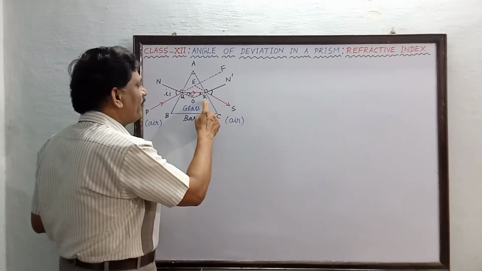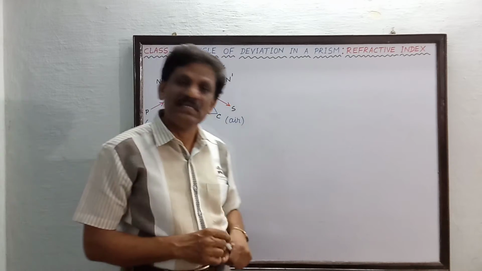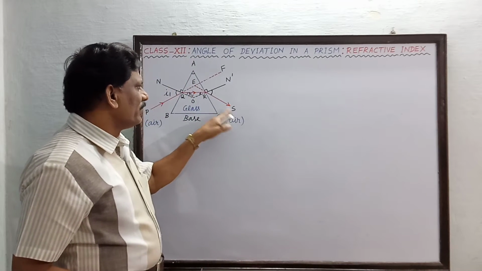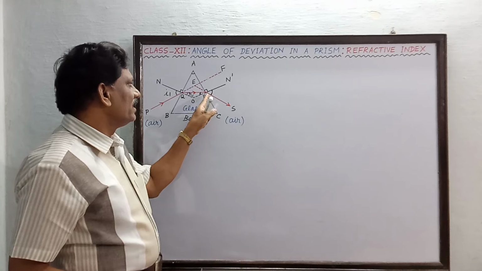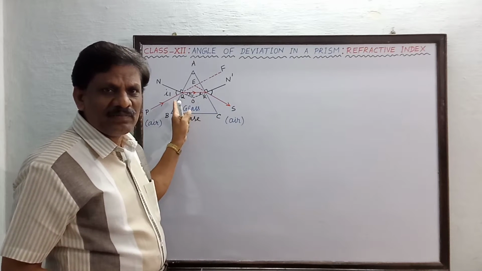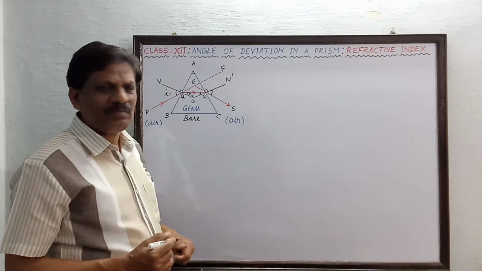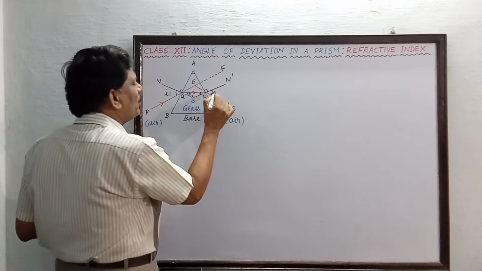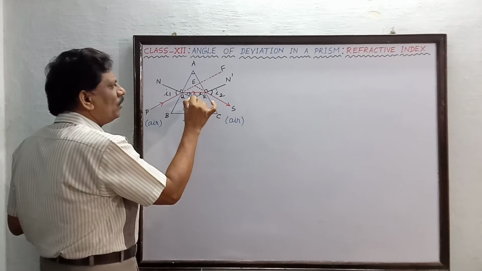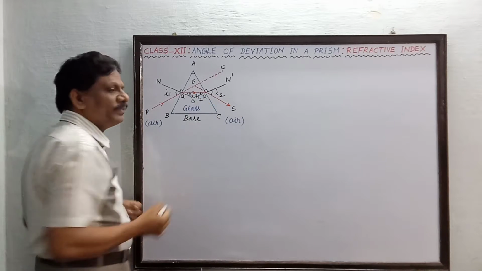Definitely it should travel from R to Q only, is it not? So when the light enters from S to R, then the refracted ray must travel from R to Q inside the prism. This is called the principle of reversibility of light. So I am going to use here the symbol I2 and here the symbol R2.